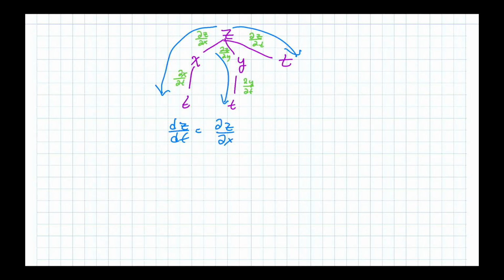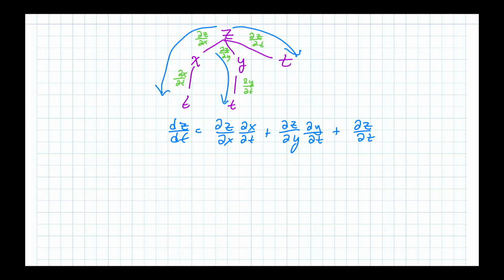So I'm going to do this one first. Partial x with respect to t plus partial z partial y, partial y partial t. And then this extra one that was weird, that's just going to be partial z, partial t.